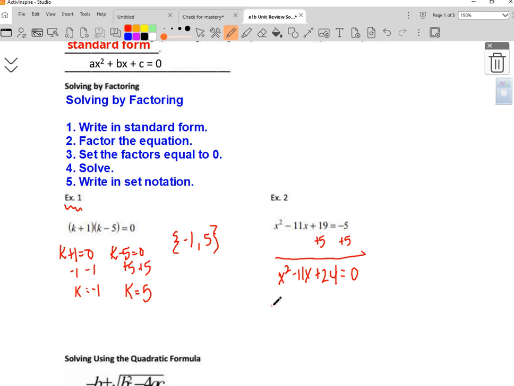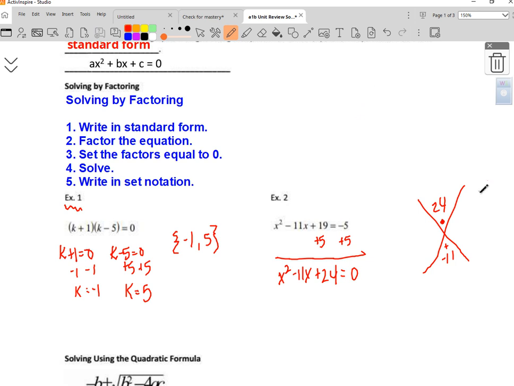Now this is an a equals 1. So we're looking for the factors of 24 that will equal, when you add them, negative 11. Remember us talking about this? So what two factors of 24, if you add them together, will you get negative 11?